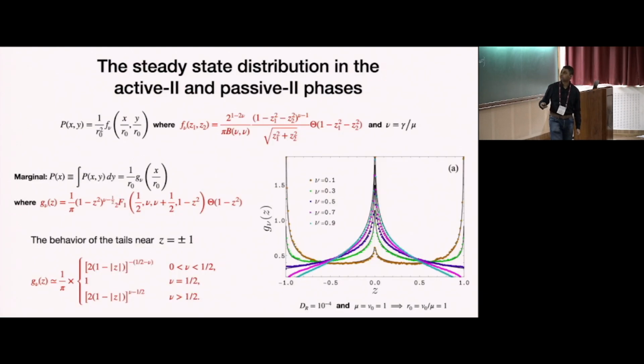Okay, and one can in fact characterize this diverging peak, and it's a logarithmically diverging peak. I'll not go into details. So what you see is that in the stationary state, in the passive case, the tail is like a Maxwell distribution, and in the active state, it's diverging. But in both cases, there is a diverging peak.